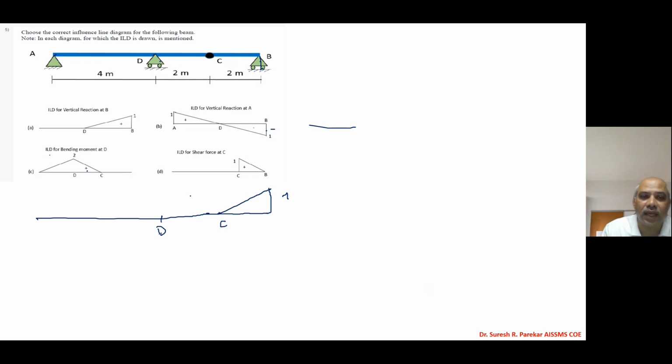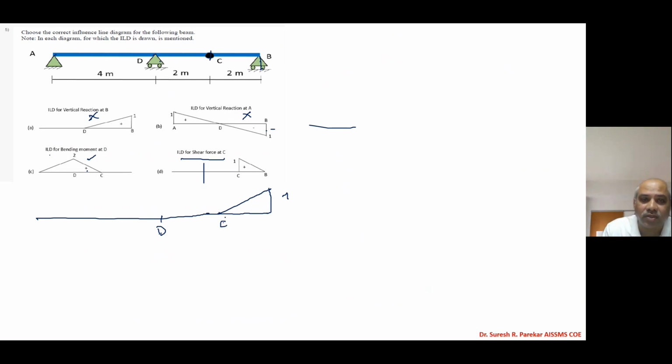And then likewise we have to find out this, and then we will get the answer. So you should be in a position to understand what we have to go for. So we do not have this for RB, we do not have this for RA, and now we have this ILD for shear force at C. Now you can see at C, so we are going to be in this portion. Now this bending moment is a little bit difficult, we will not go into it, whichever is easy we will go for.